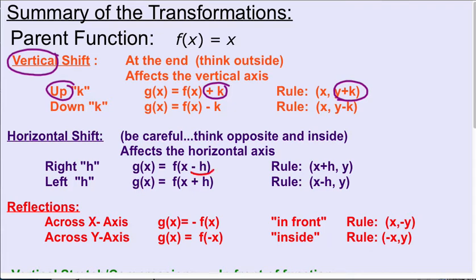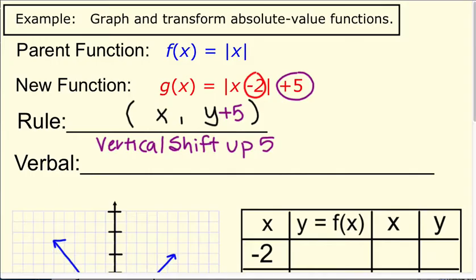It has a minus, so there's a horizontal shift to the right that many. But again, make sure you see here, think opposite. So here's our rule. We're going to go to the right, so we're going to add. Add is the number. So we're going to add on the x-axis.